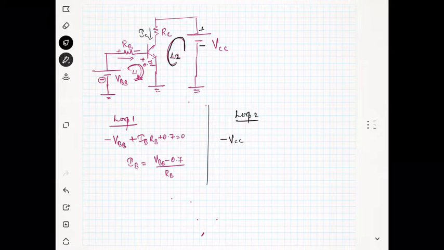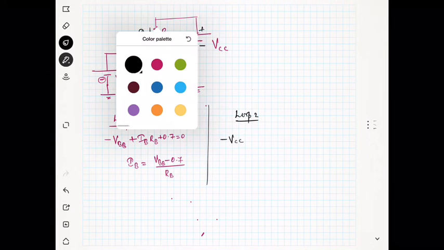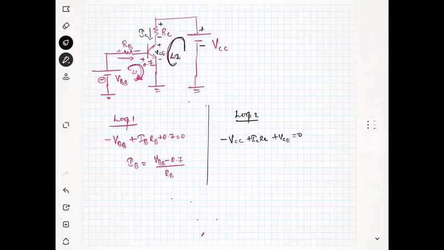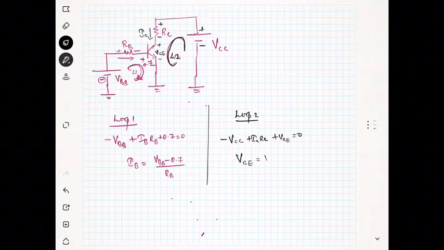This type of transistor is NPN transistor. So whenever the current enters, we have plus then minus. So plus IC into RC, then the current enters, this is plus, so plus VCE equal to 0. So VCE is equal to VCC minus IC RC.